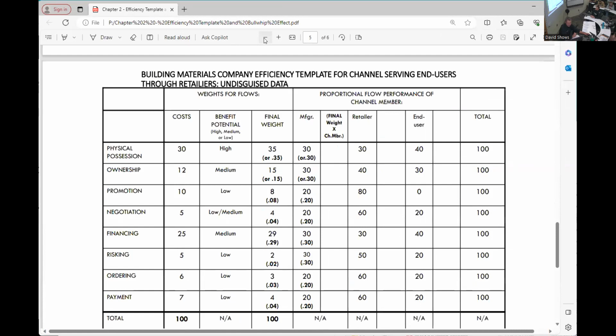Okay, that's cool. So I want somebody on their calculator to multiply 0.35 times 0.3. 0.105. Okay, got it. All right. Let's do this one all together.